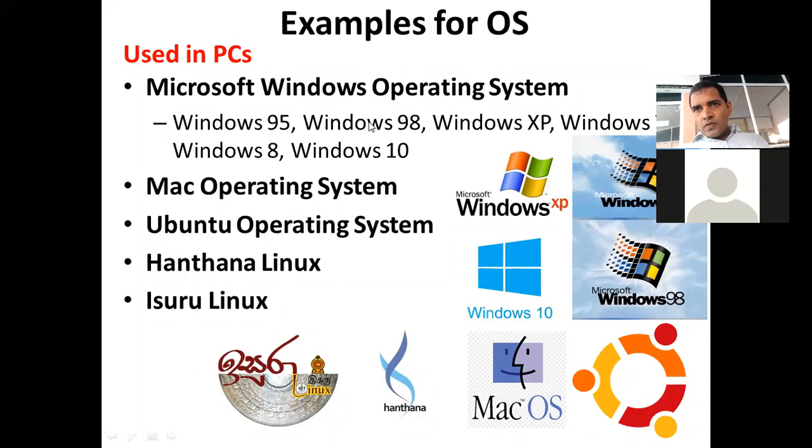You have to pay to Microsoft because Microsoft has the authority. Microsoft has the copyright, that ownership. Now, to use that Microsoft product in your computer, definitely you have to pay a sum of money to Microsoft. Then only it is possible, right?